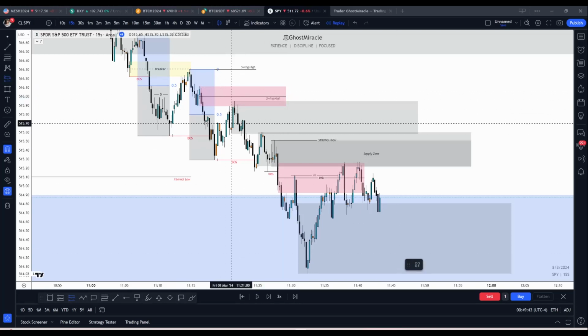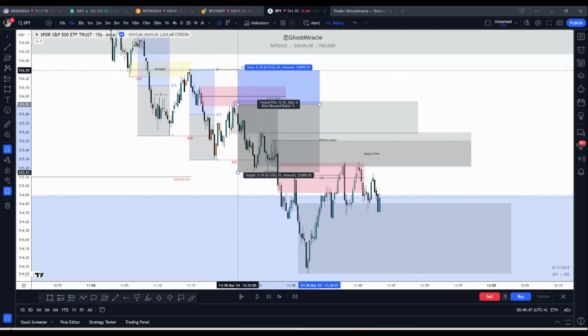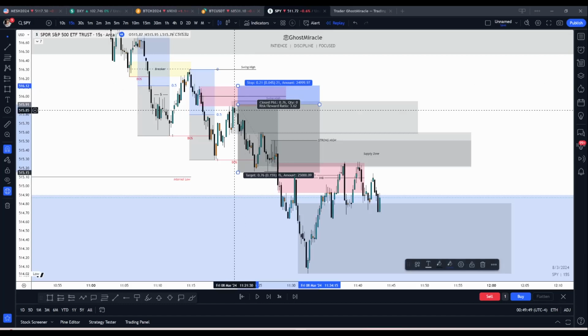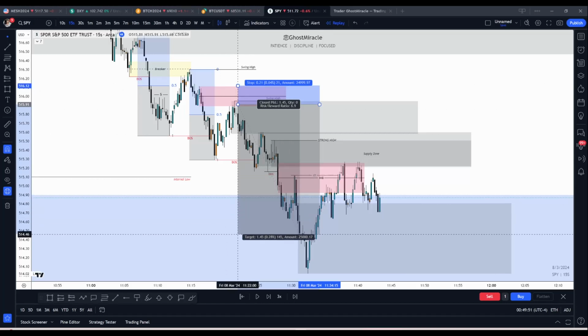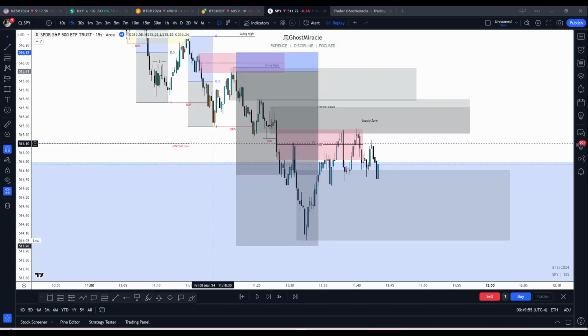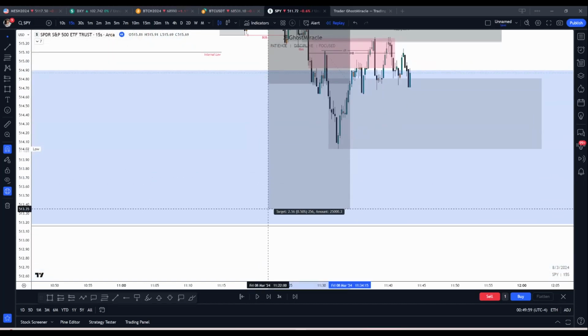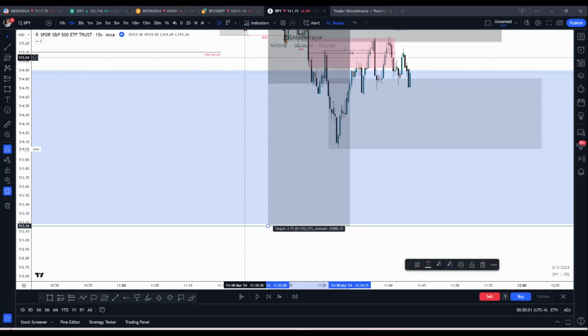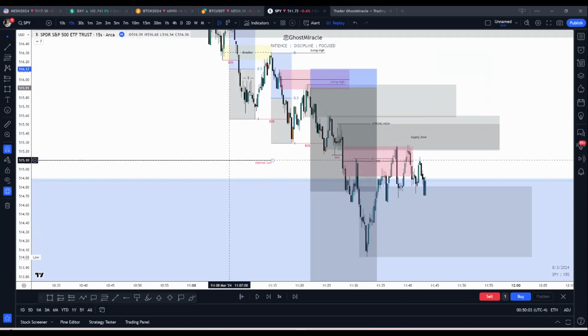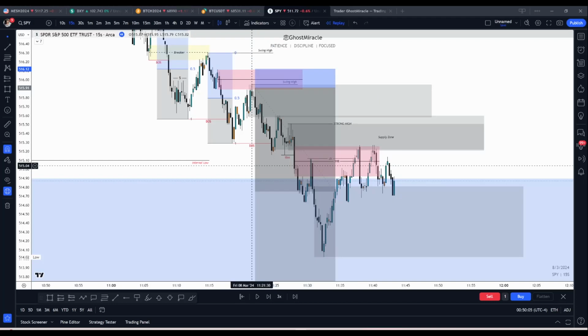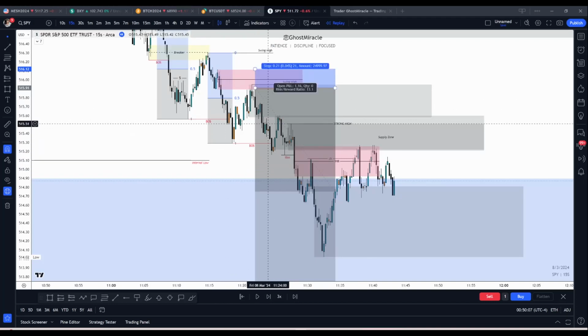Because I'll take an entry here, and I might get break even, and I'll be looking to sell deeper into the lower demand, or maybe since price keeps breaking, I might target this actual low on the M15.